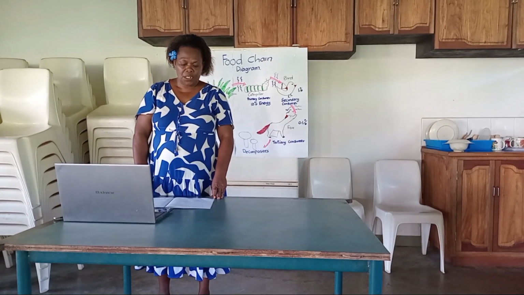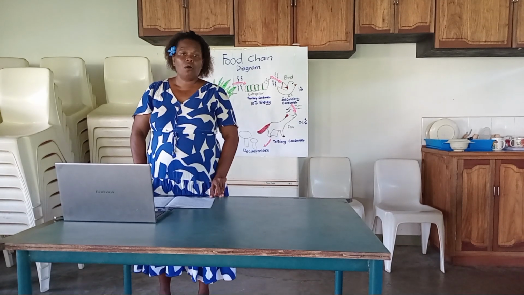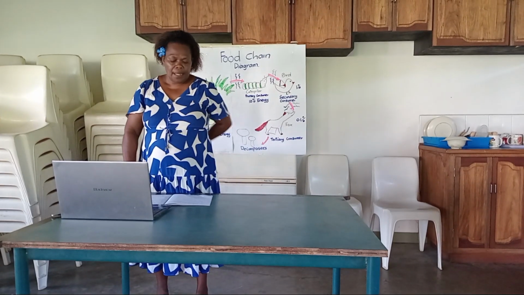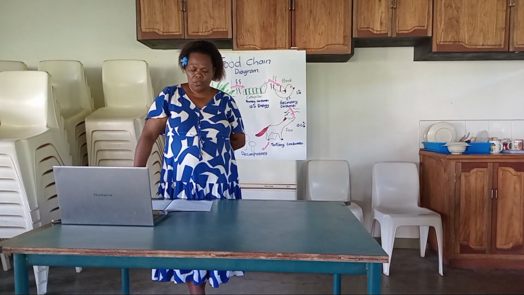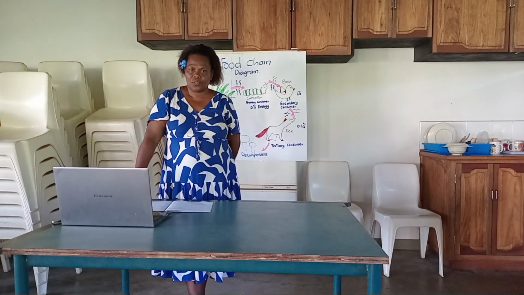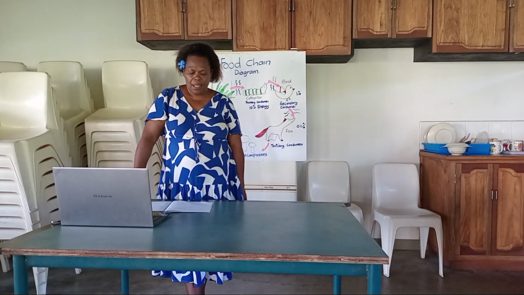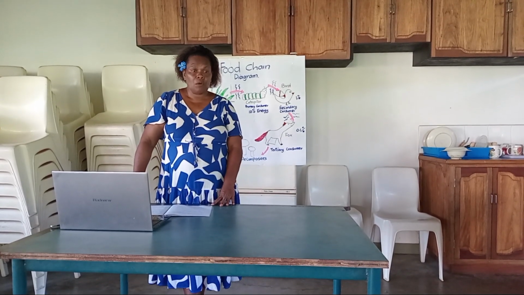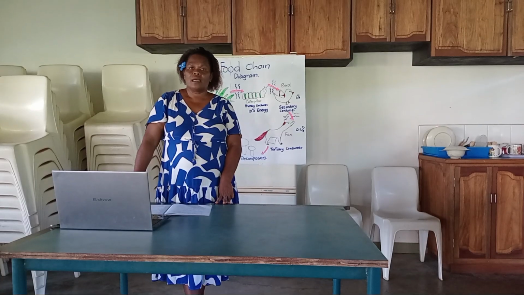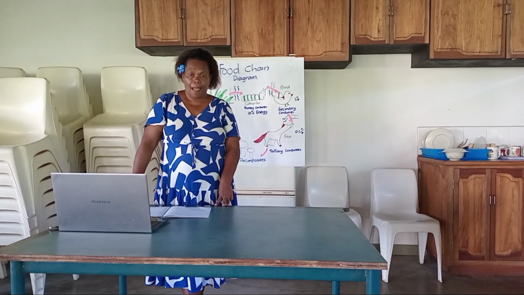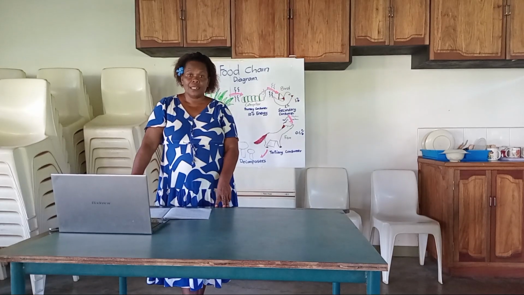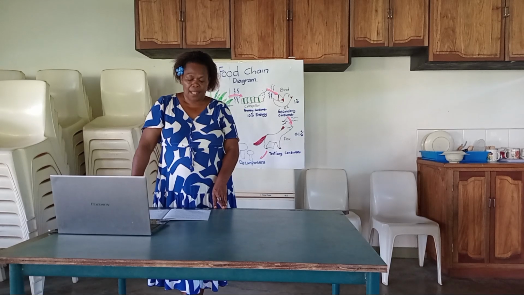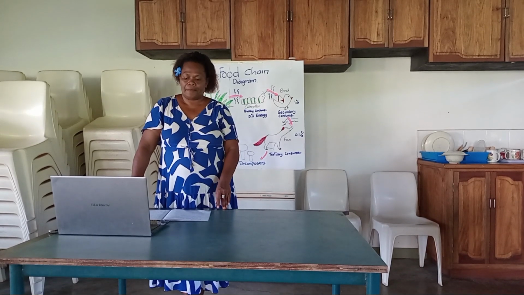So in ecology, a community means all the living organisms in one area. In a rainforest community, you will find plants like trees and ferns, animals like insects, birds, and mammals, and decomposers like fungi and bacteria. All these organisms live together and they depend on each other.